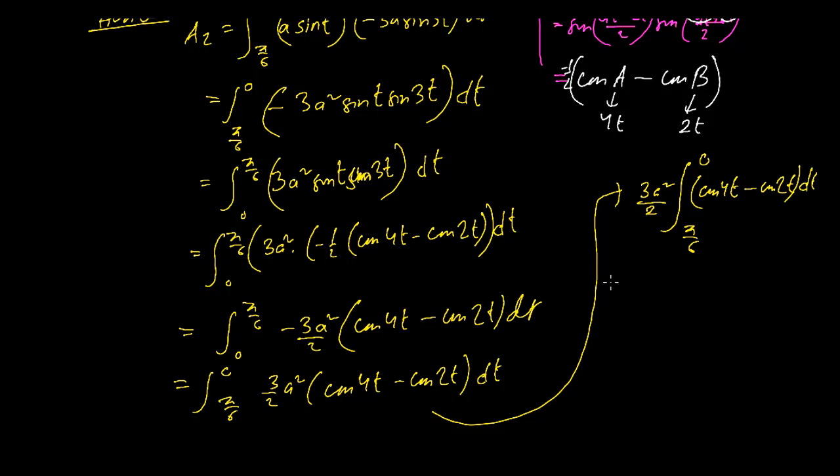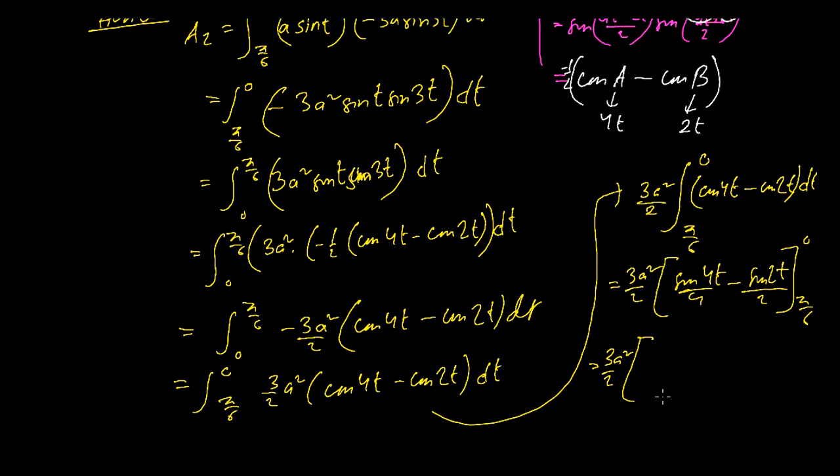By integration, this would be 3a square by 2, cos would become sin 4t by 4 minus sin 2t by 2, from pi by 6 to 0. If we put the limit 0, sin 0 is 0, 0 by 4 is 0, minus sin 0 is 0, 0 by 2 is 0. So we can do this.